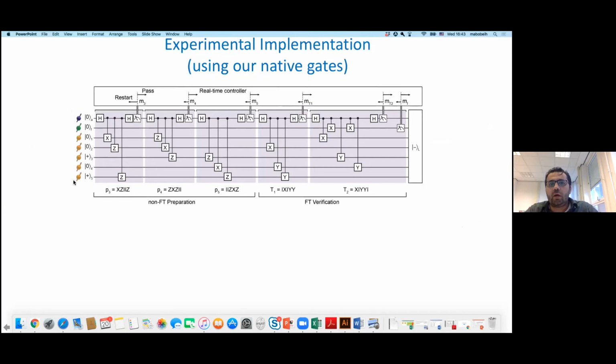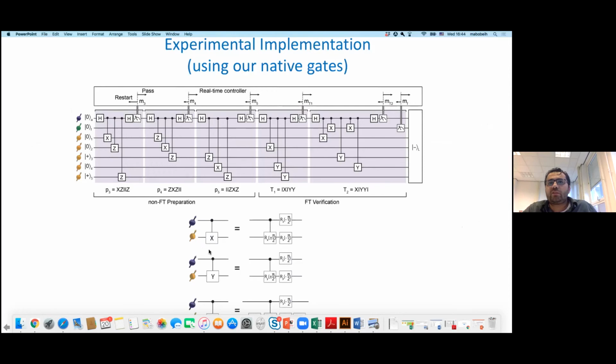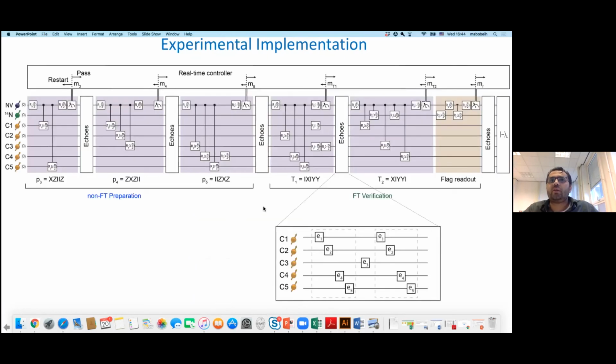After that, we need to replace each of these two-qubit gates by its equivalent in our native gate scheme. So we replace controlled X by its equivalent, and controlled Y, and so on. And then finally we compile the single qubit gates together to reduce the circuit complexity. By doing so, this is the circuit that we get. It's quite a complicated circuit. It involves up to 42 qubit gates.